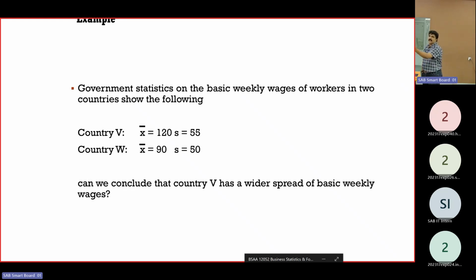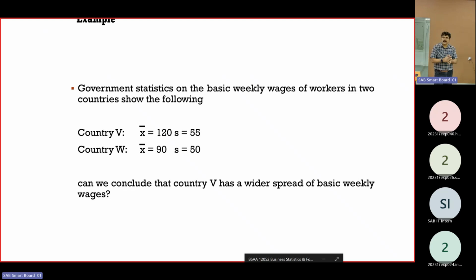Country B, X bar is 120, standard deviation 55. Country W, X bar is 90, standard deviation is 50. Can we conclude that country B has a wider spread of basic weekly wages?